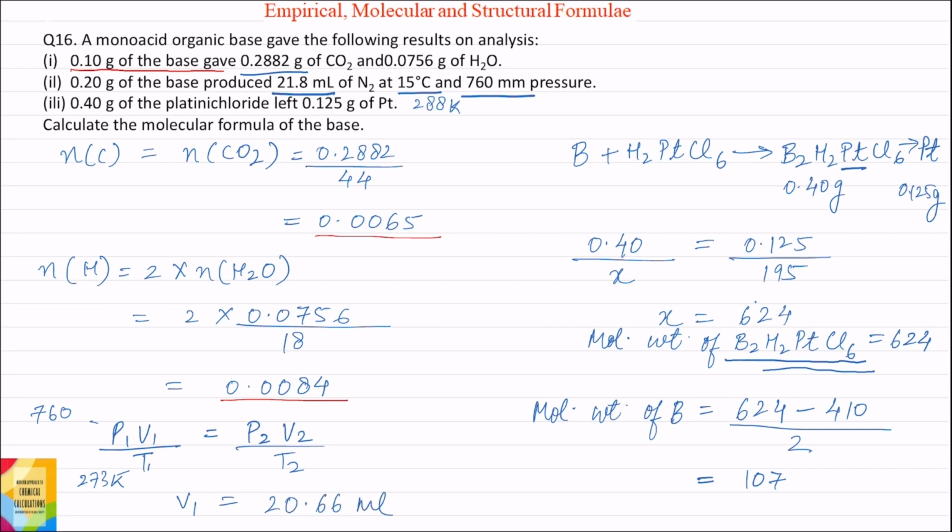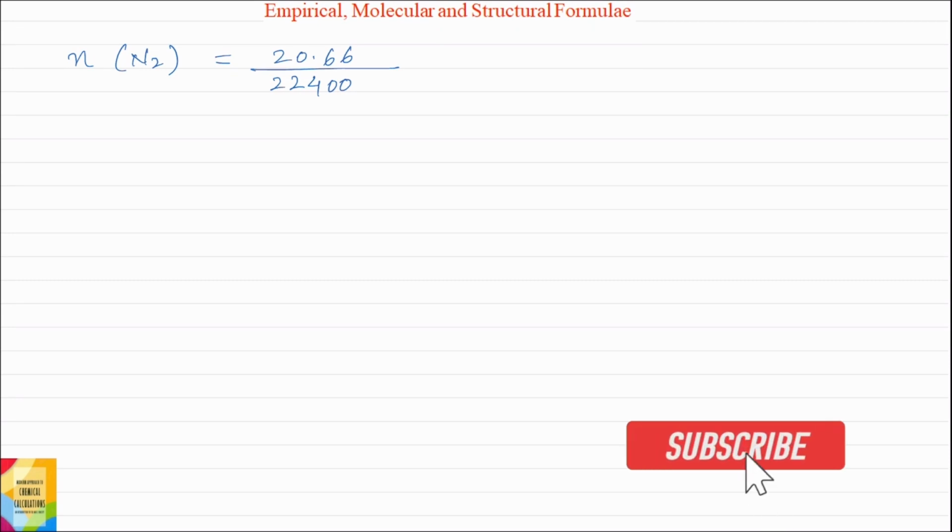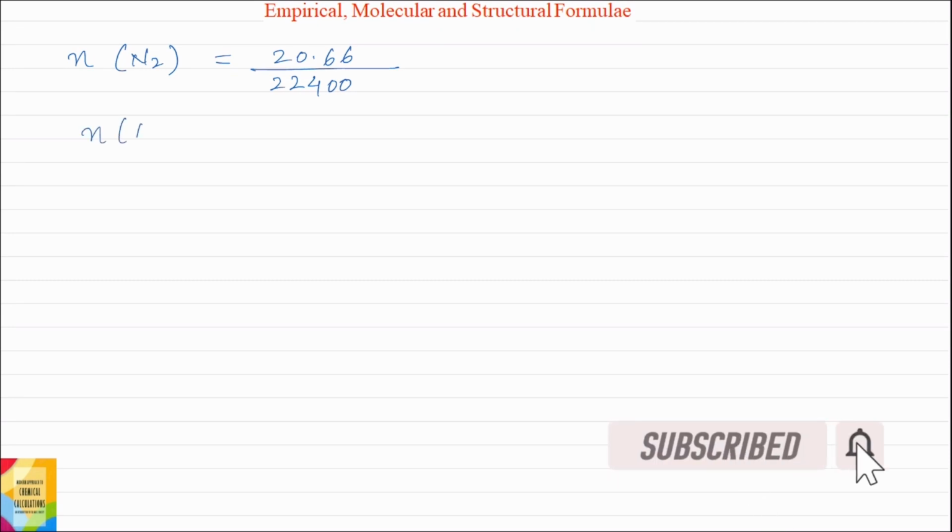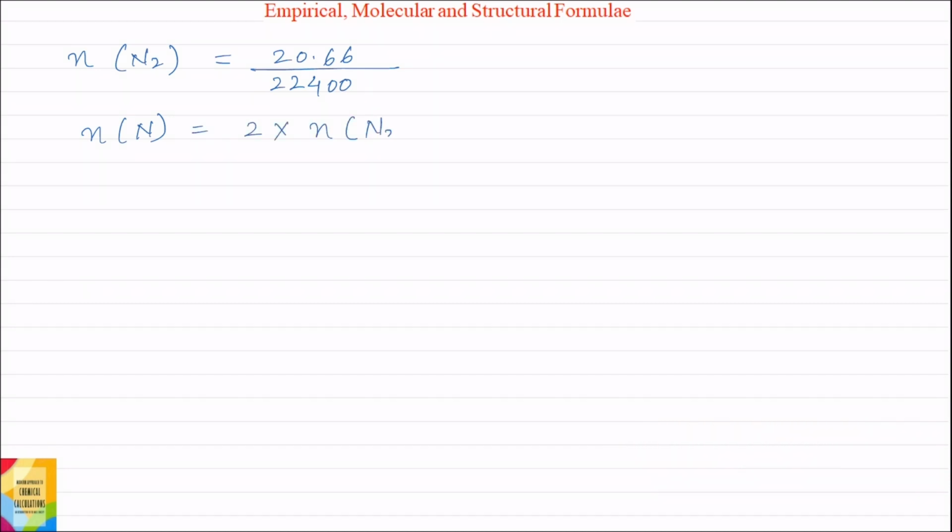The value of V1 is equal to 20.66 milliliter. Now moles of nitrogen gas will be equal to volume of nitrogen, that is 20.66 milliliter, divided by molar volume, that is 22400 milliliter. So this is the moles of nitrogen, and moles of nitrogen atoms will be equal to 2 into moles of nitrogen. So this is equal to 2 into 20.66 divided by 22,400 milliliter, and this is equal to 0.0018 moles.